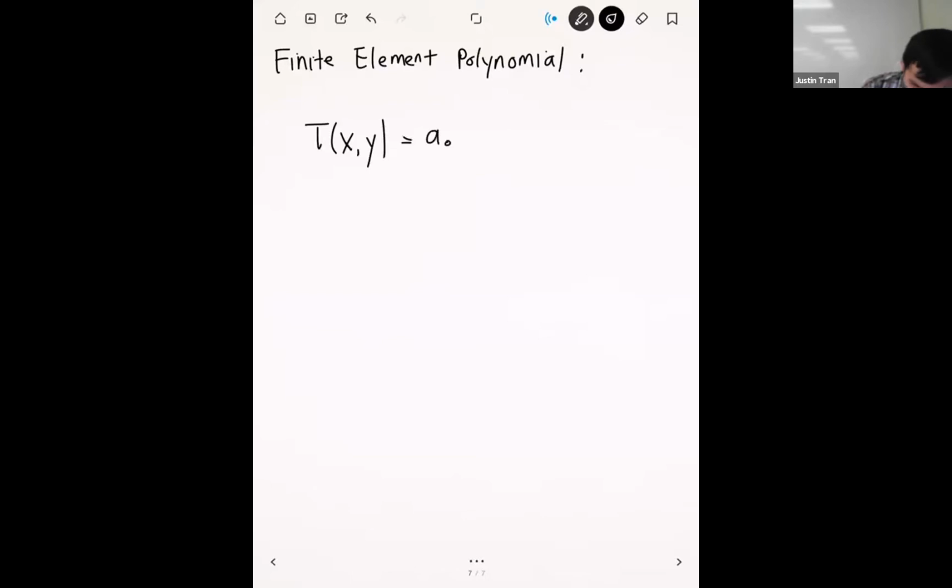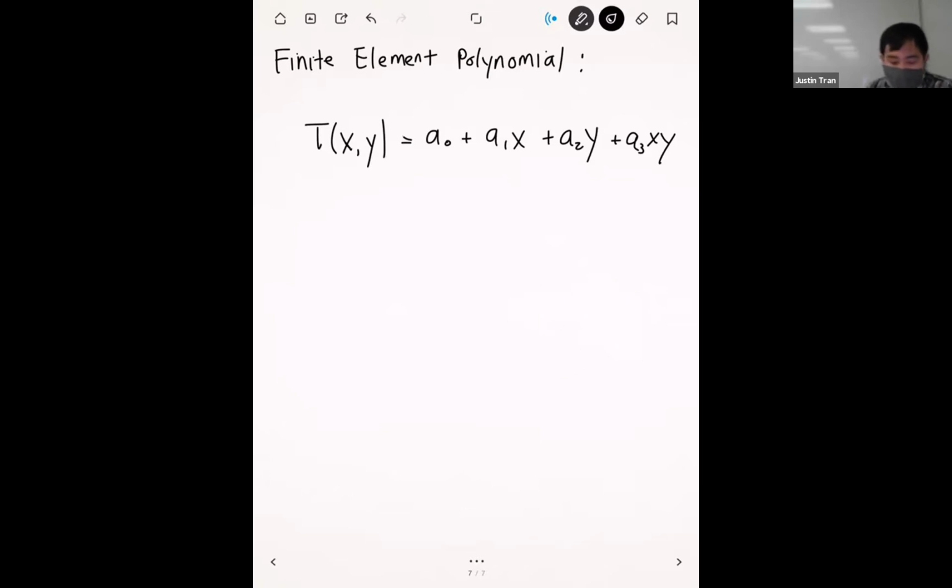First we have our constant term, which stays the same. Then we have our linear term in x, which is a1x. Then we have our linear term in y, which is a2y. We need one more term, but we're all out of linear terms, because we've used x and we've used y.